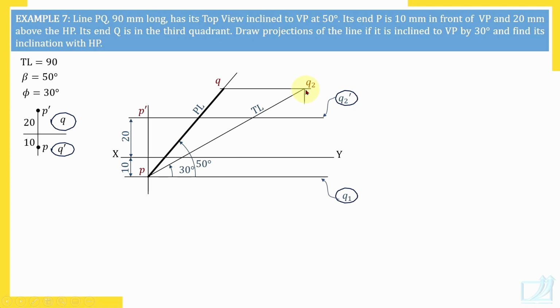Now through Q2 vertical line, it meets the horizontal line here. It is Q2 dash. Q2 and Q2 dash are on the same vertical line. And when you draw a vertical line through Q2, tell yourself immediately which other point is on that line, so that you can locate that Q2 dash on this line correctly. Length P dash Q2 dash is EL.